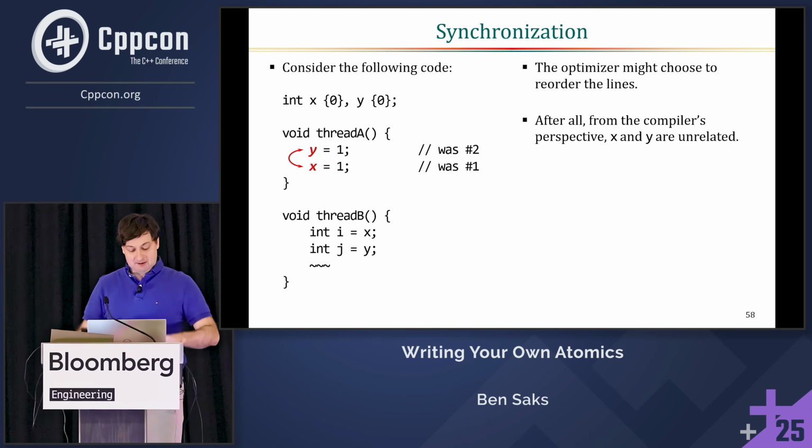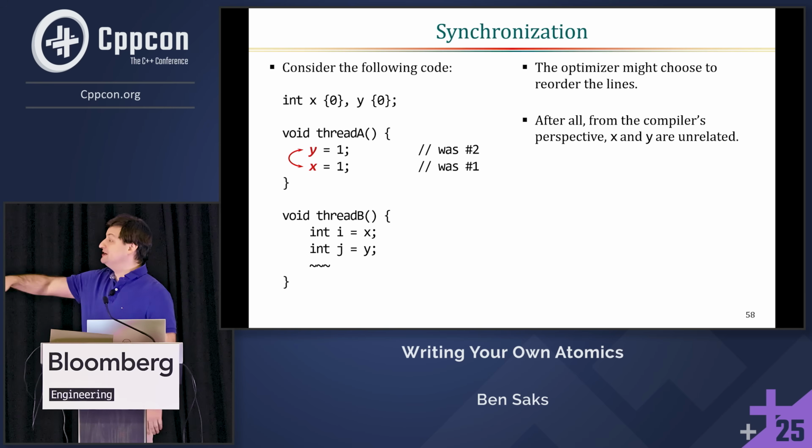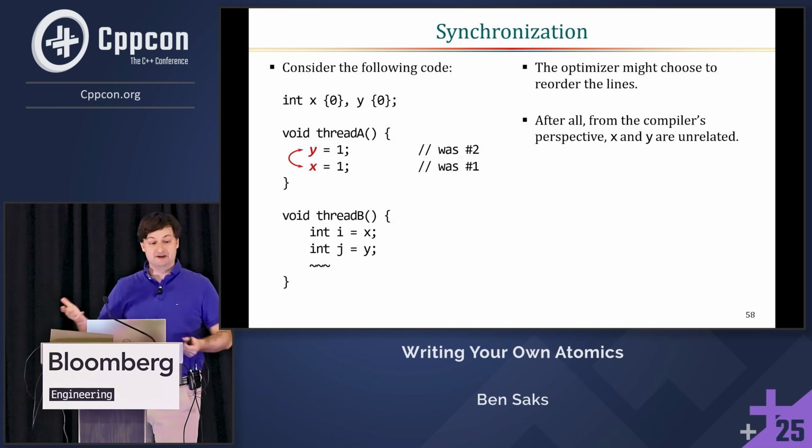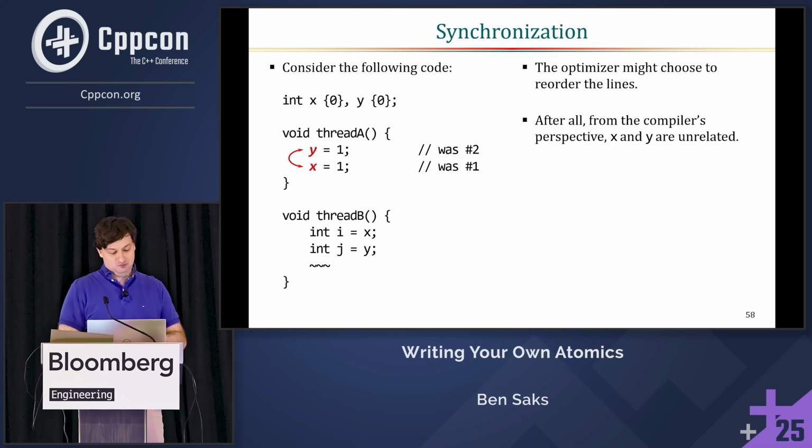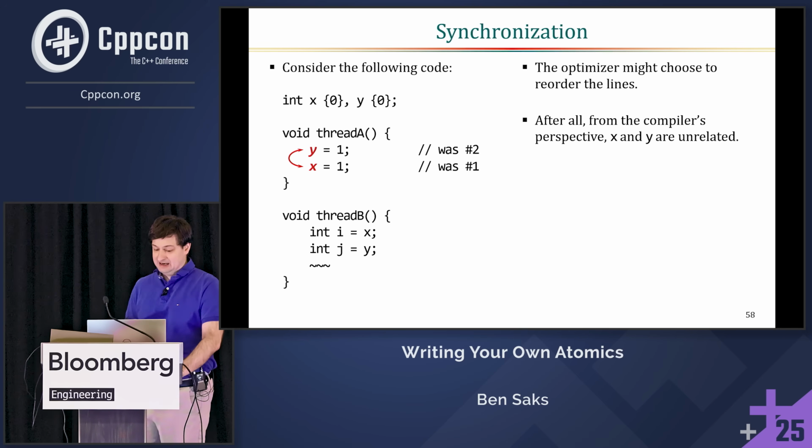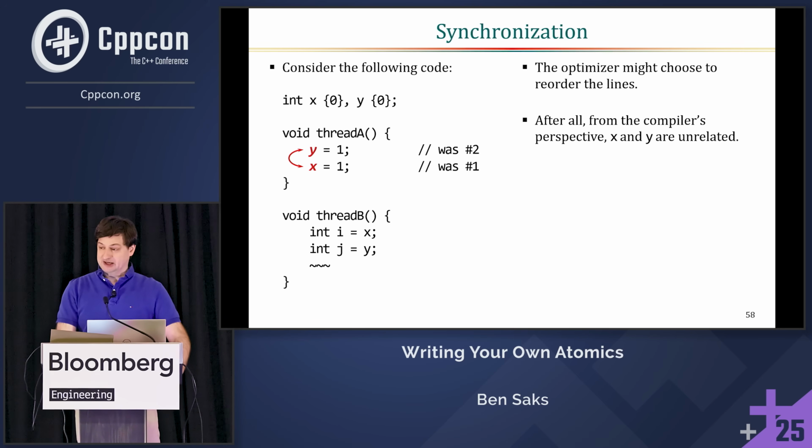So the compiler may happily reorder these things. I think that's pretty unlikely if they're really both integers like this, because writing them should be effectively the same kind of operation. But it's the sort of thing that could occur. And again, optimization is a complex topic. There are lots of reasons why things might happen this kind of way.